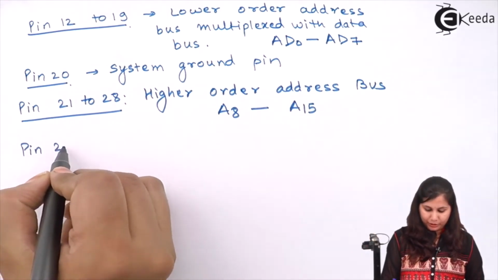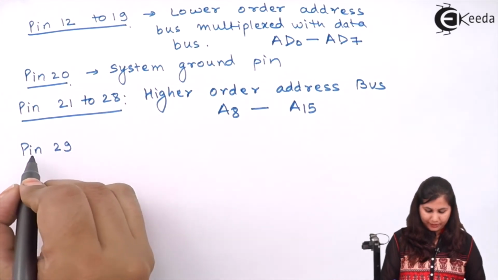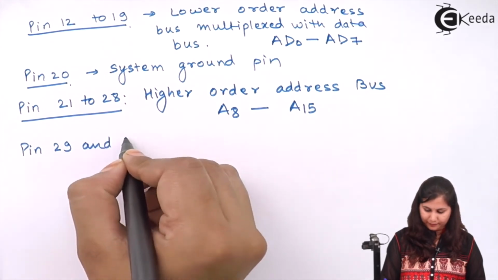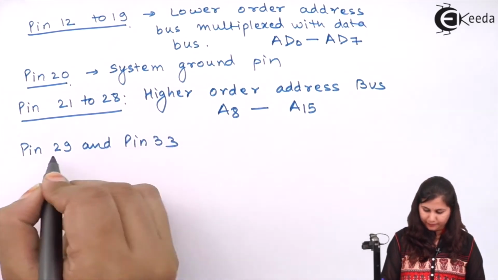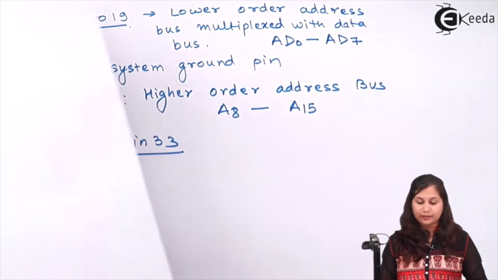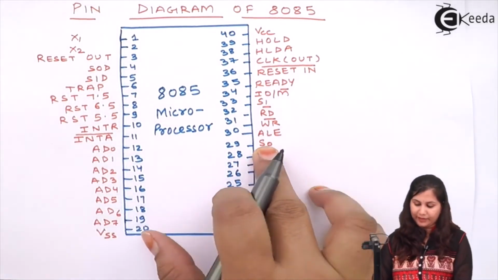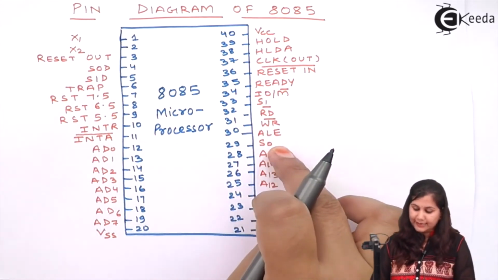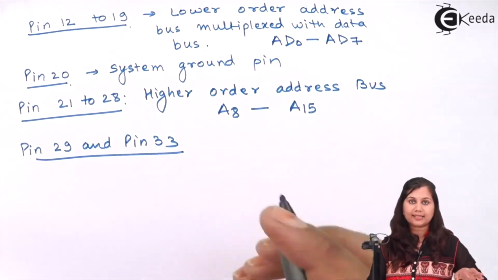Now pin number 29, and we have pin number 33. On pin number 29 we have S0, and on pin number 33 we have S1. These S1 and S0 are the status signals.